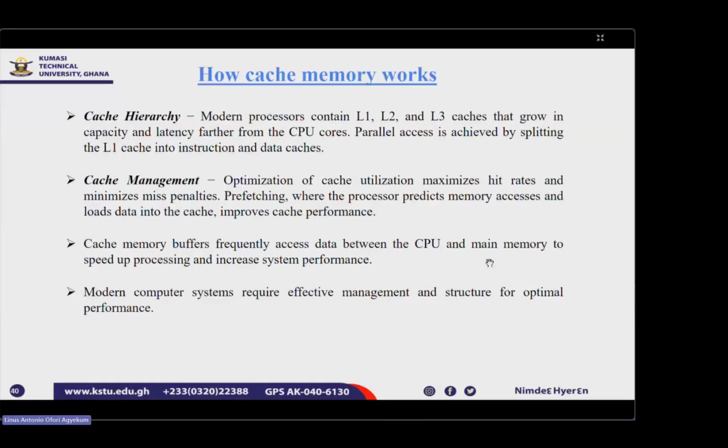Then we have the cache hierarchy, so that there could be parallel access. Then there is cache management as well, to ensure optimization of the cache and maximum utilization to hit the maximum rates.